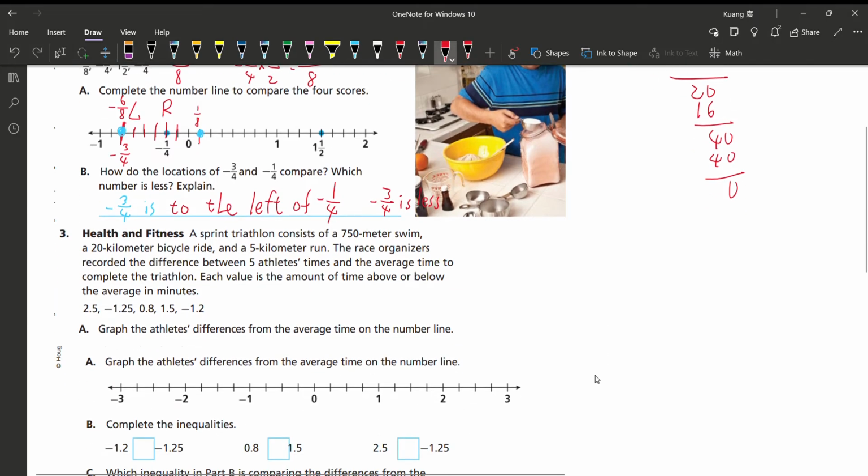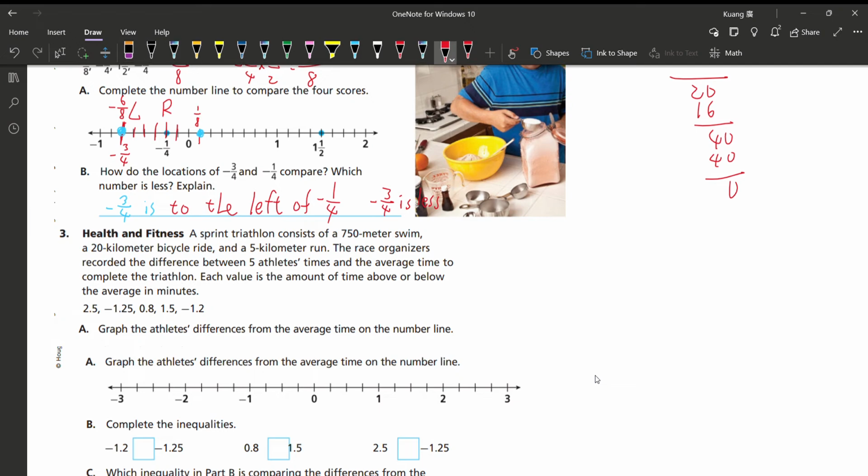Question number 3. A triathlon has a 750-meter swim, a 20-kilometer bicycle ride, and a 5-kilometer run. The race organizer recorded the differences between 5 athletes' times and the average time to complete the triathlon.